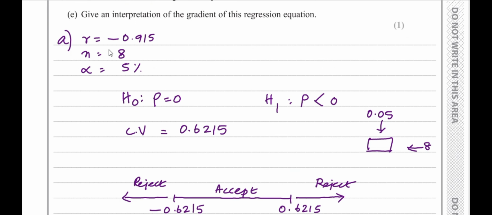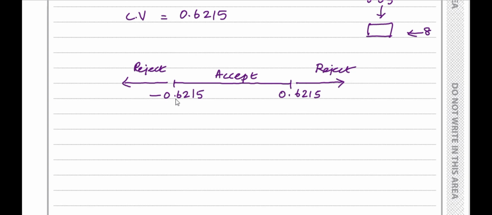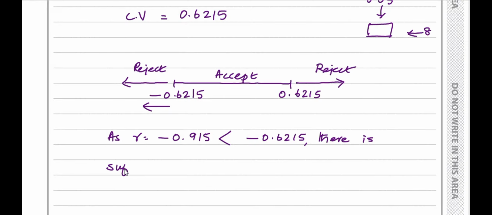Now the r value in this question is minus 0.915. It actually falls on this side of minus 0.6215. That means it is less than minus 0.6215. So we write r is equal to minus 0.915 is less than minus 0.6215. There is sufficient evidence. Always qualify your answer with sufficient evidence. There is sufficient evidence to reject H0.